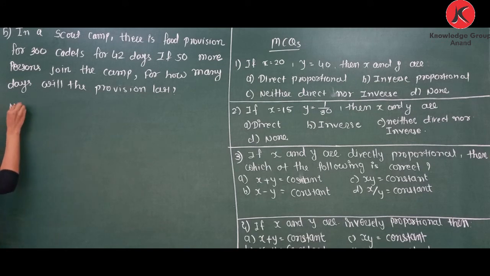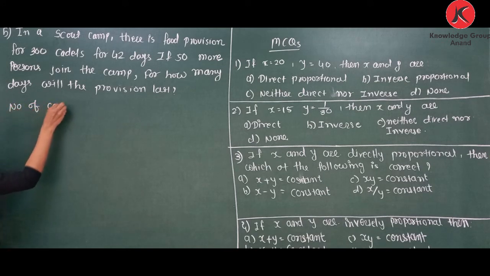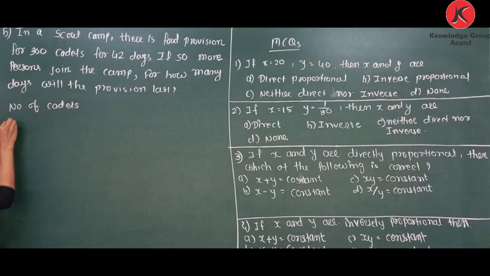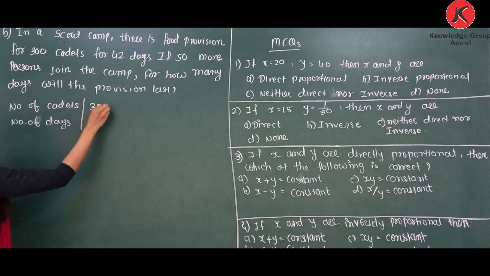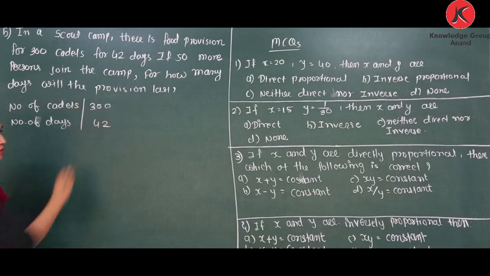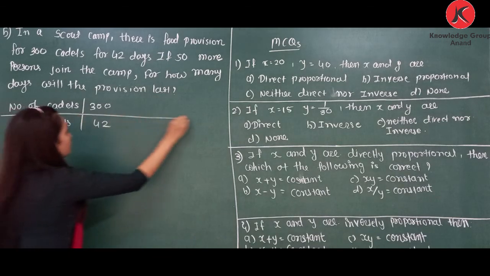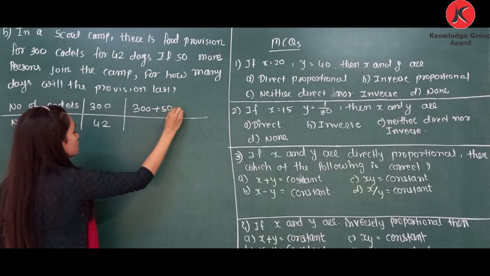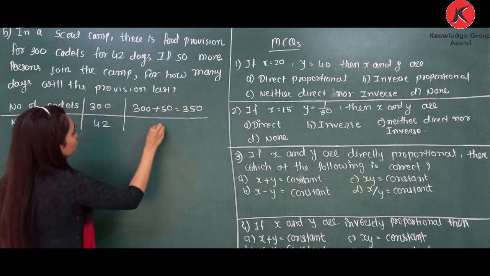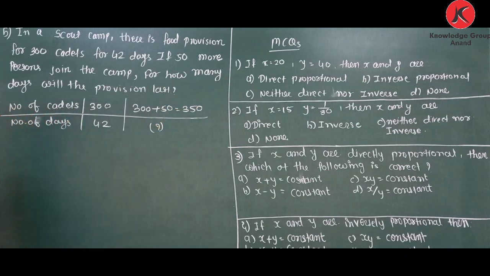So number of cadets and number of days. When cadets are 300, food lasts for 42 days. If 50 persons are added, 300 plus 50 is equal to 350. So for how many days will food last?